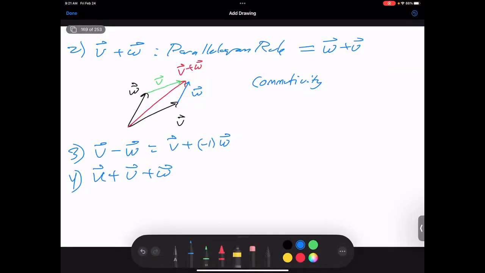How do I add them? I can only add 2 at a time. Okay, but which 2 do I add first? It doesn't matter. So this is associativity. This is (u plus v) plus w, or u plus (v plus w). So this is called associativity.